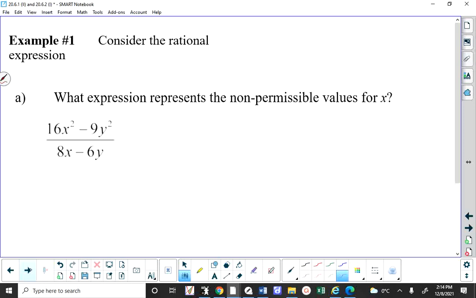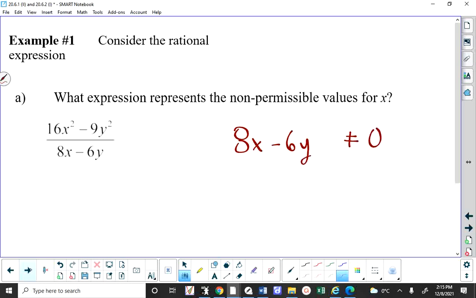And notice I'm not saying what's the non-permissible value. I'm saying what's an expression for the non-permissible values. So we're going to start off by saying, well, the denominator can't be 0. So 8x minus 6y cannot be 0.